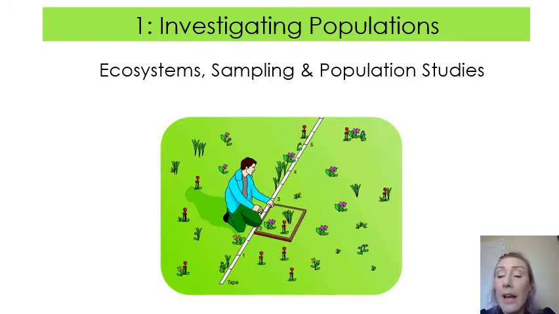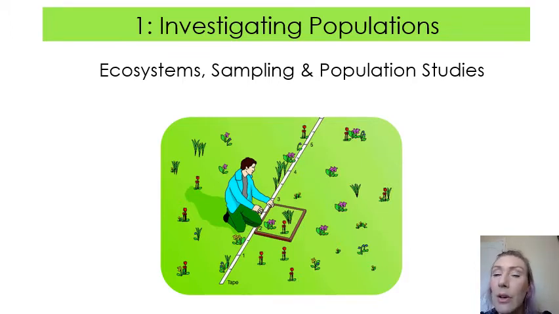Okay, then the second part of this topic really is about studying populations. So it's impossible for a scientist to go to an ecosystem for the majority of cases and count all the individuals of a particular species present, and if they want to investigate a community, they would have to measure the population sizes of lots of different species, and to actually count every single individual of every single species would take far too long.